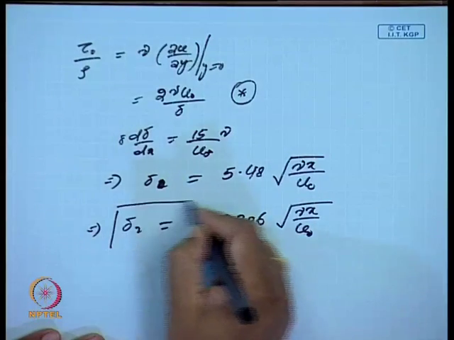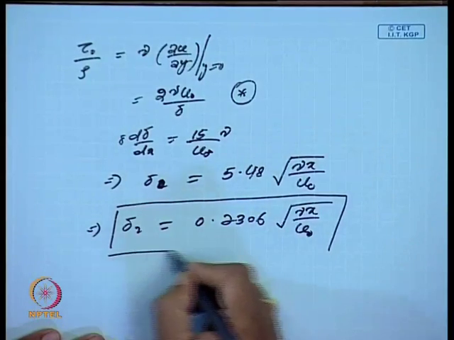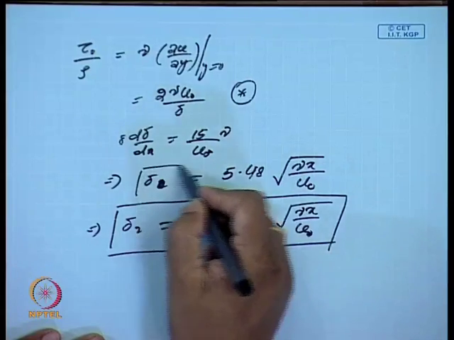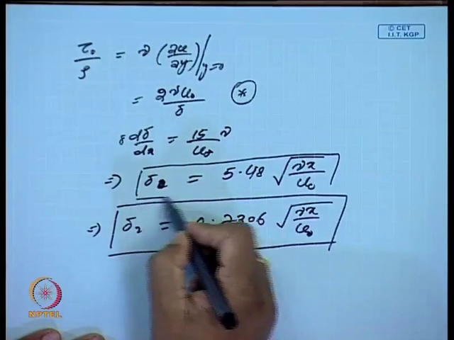This will be my delta 2, and this is my delta, the boundary layer thickness.